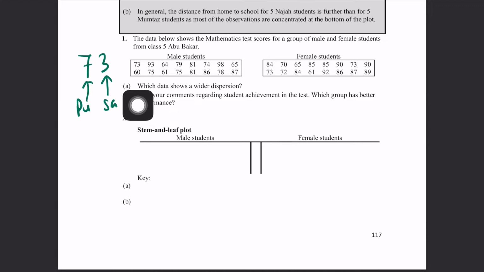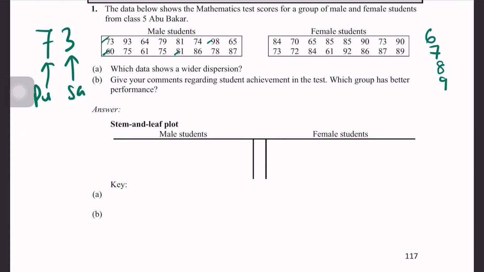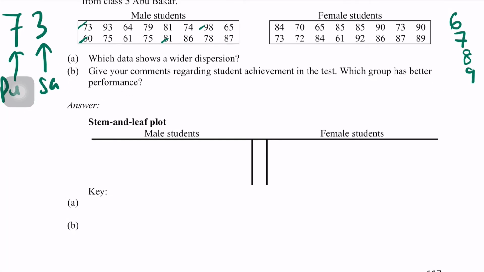Okay, so from this data untuk rumah puluh kita ada nombor 6, 7, 8, 9. Kita boleh tulis sebagai 6, 7, 8, 9. Panjang lah. So kita buat female dulu.